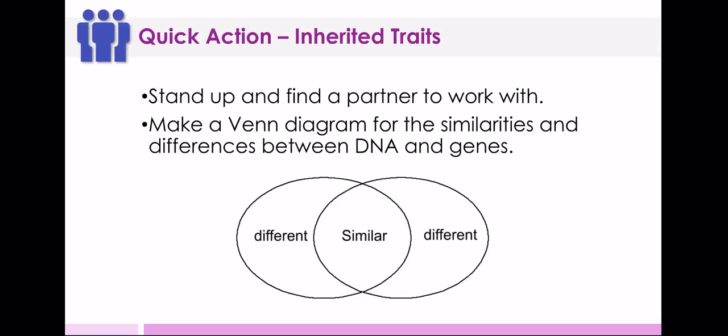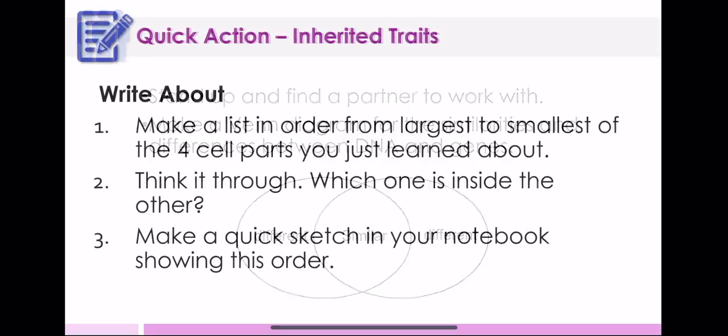If you need more time, you can always hit pause right here and pick back up when you've had time to complete the task. We're going to move on. If you need more time, just pause and pick back up when you're ready.